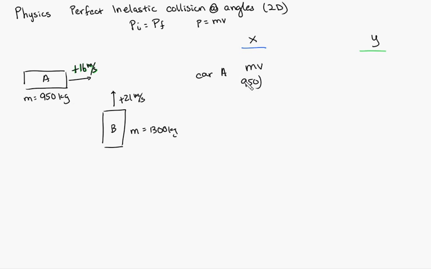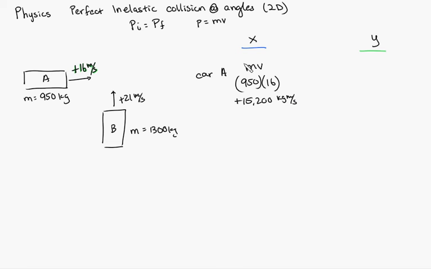950 kilograms times 16 meters per second will give us our momentum. So 950 times 16 gives us 15,200 kilogram meters per second, and this is in the positive direction.